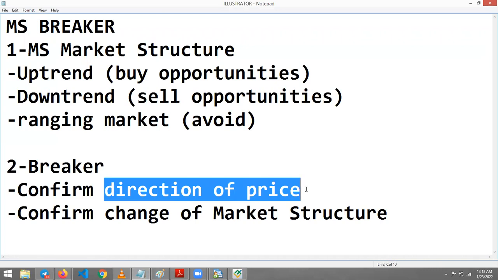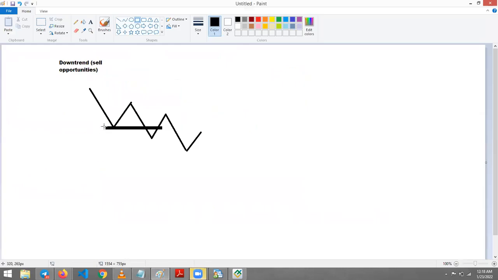That is how it helps us confirm the direction of price. Each time price breaks a level, at the back of your mind, it confirms that price will pull back or retrace to a decision point before going down, right? I'll teach decision points in our next session.